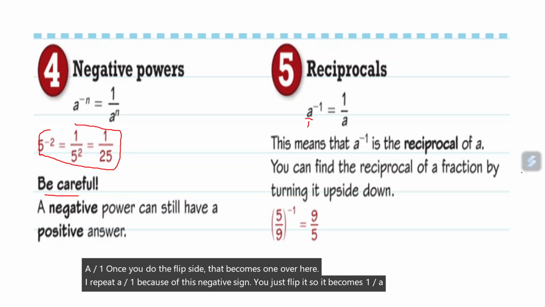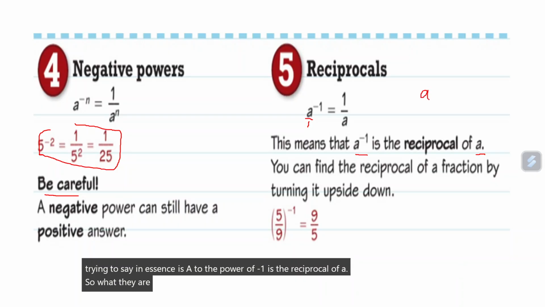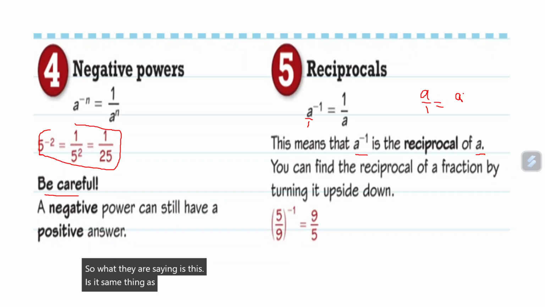So what they are saying in essence is A to the power of negative 1 is the reciprocal of A. This is the same thing as this, or vice versa.